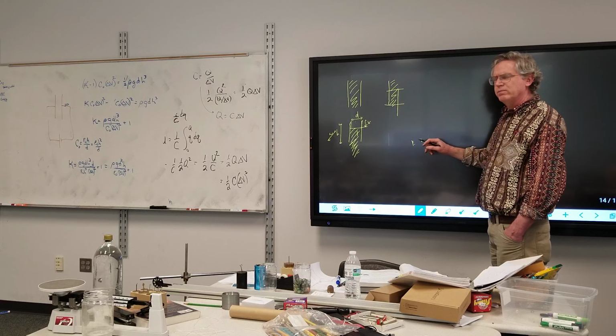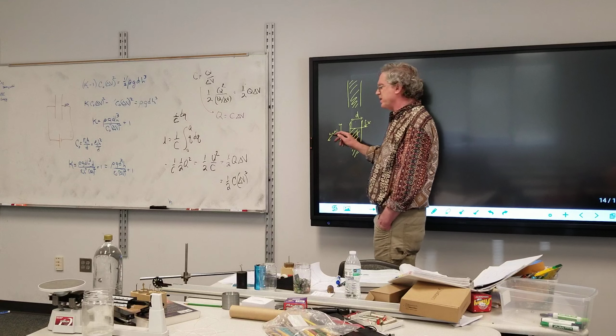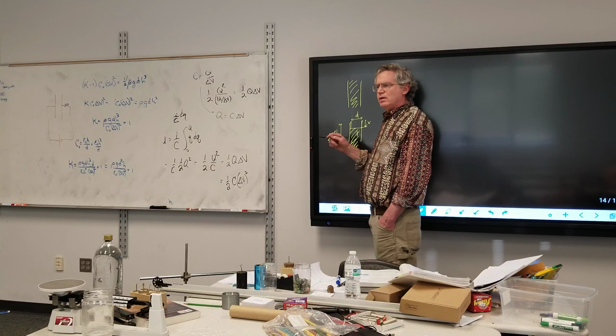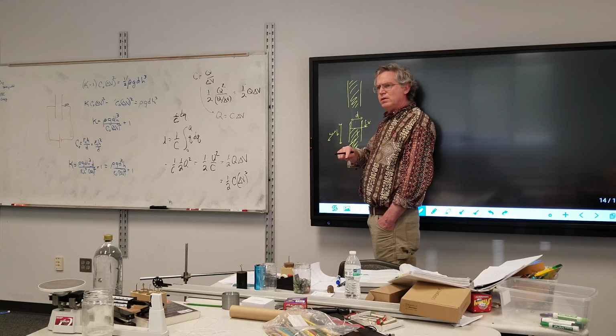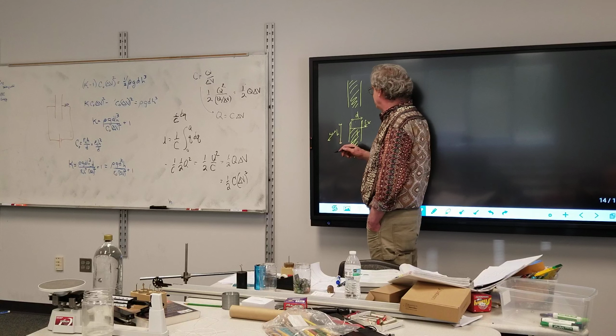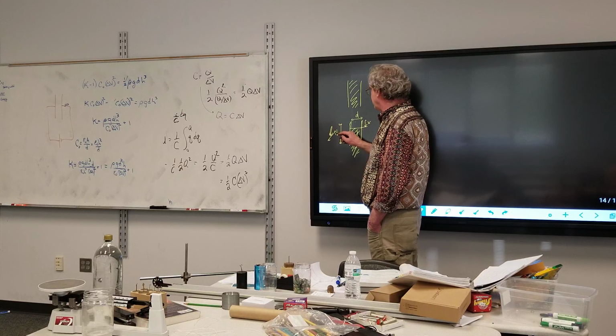I did the length and width. Do you remember which one I made length and which one I made width? Length was parallel with the edge of the table. Okay, so this was length, and I called that width.